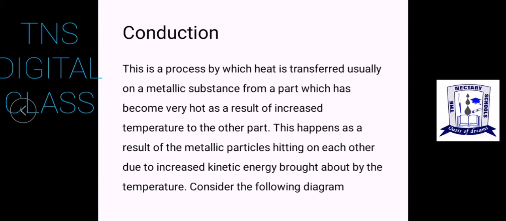So when you put a metallic substance in contact with something very hot, like fire, the particles that make up that metallic substance will start hitting on each other, because the increase in temperature will cause the particles to have more kinetic energy, that is, the energy to move around.